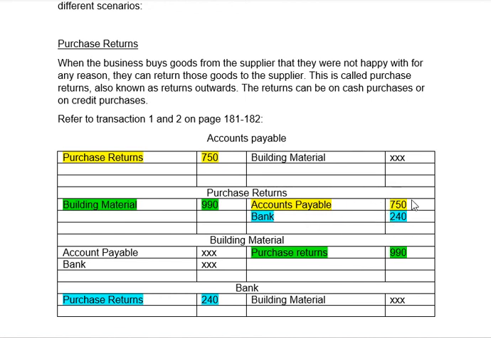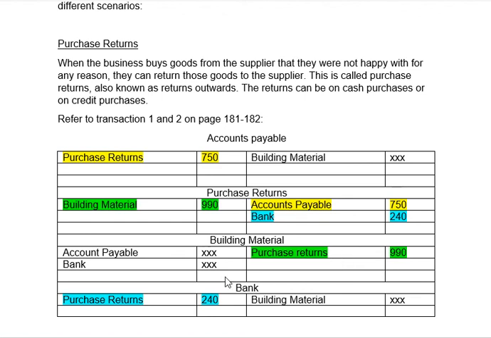So in total for the month or for the year, for the period, I've returned goods to the value of 990. I will then take that total of 990 and take it out of the building materials account. So the total of 990 will now go to building materials, debit purchase returns, and credit the building material account.